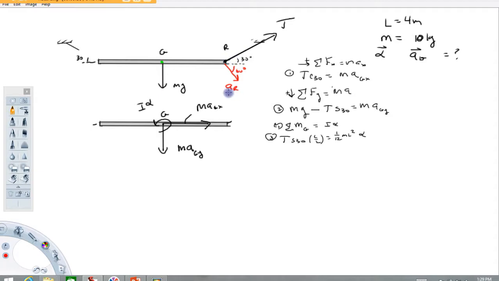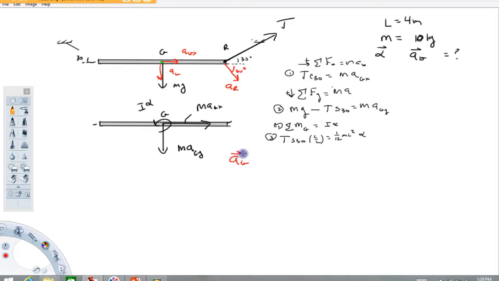If this thing were already moving, we could perhaps have a centripetal term along the rope, but at the instant shown, it's not yet. The acceleration of G is downward. Well, I should say the y component of G is down and the x component is to the right. And I can write a kinematic equation relating the acceleration of G to the acceleration of R. That equation would look like this.